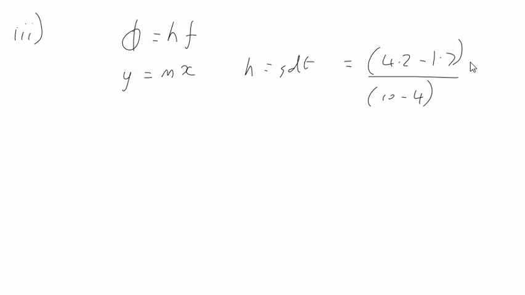We need to multiply the work function by 1.6 times 10 to the minus 19 to convert from electron volts into joules, and the frequency is in 10 to the 14 hertz. Very important we don't miss these points off. That gives a figure of 6.7 times 10 to the minus 34, and the units of the Planck constant are joule seconds.